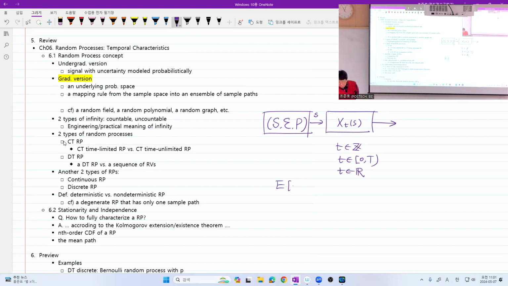So what is this? This is the probability of the event that your random variable, for example, is a member of the event A, right? And also, due to the law of large numbers, what is this? This is well approximated as the arithmetic average of n indicator functions.